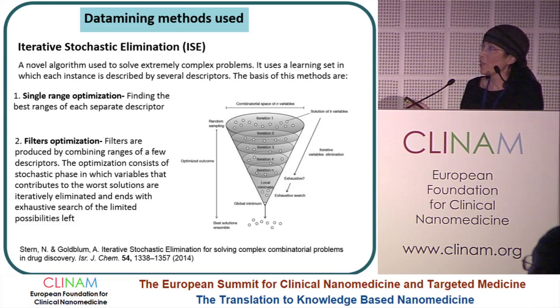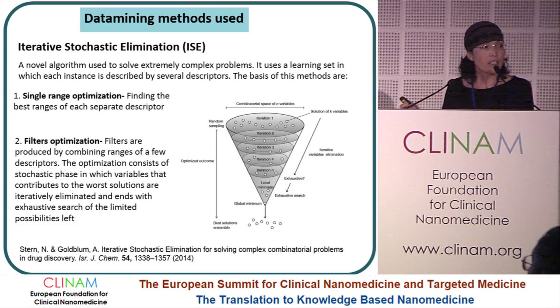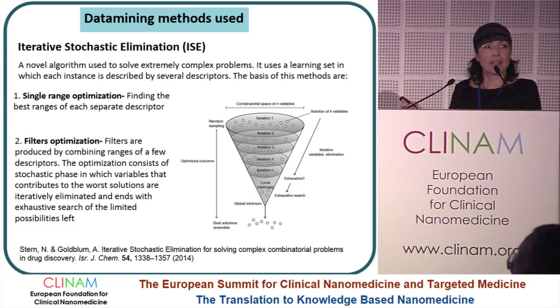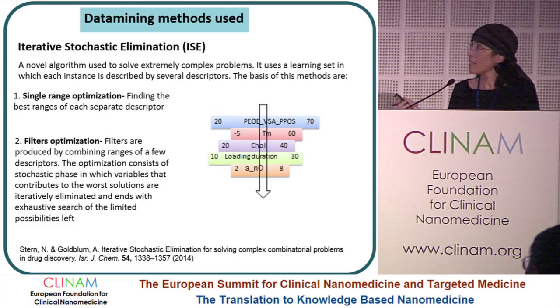To find the optimal filters, the optimization consists of a stochastic phase in which variables that contribute to the worst solutions are iteratively eliminated to a point where the search space size can be calculated exhaustively to find the best filters. Then, with the best filters, we can screen large molecular libraries, and a molecule that passes more filters gets a higher index. This is an example of one of many filters that we received.